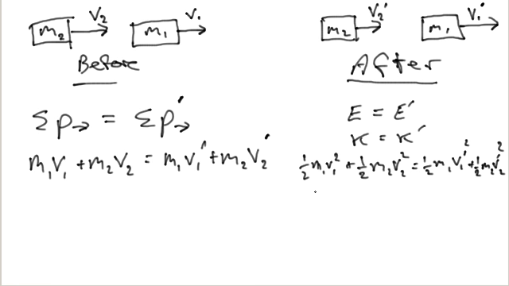Alright, we saw this kind of problem in the lab, so we'll attack it in a similar manner. I'm going to multiply both sides by 2. I have to multiply both terms on each side by the 2, so 2 times 1/2 is just 1. So I can just cross it out.